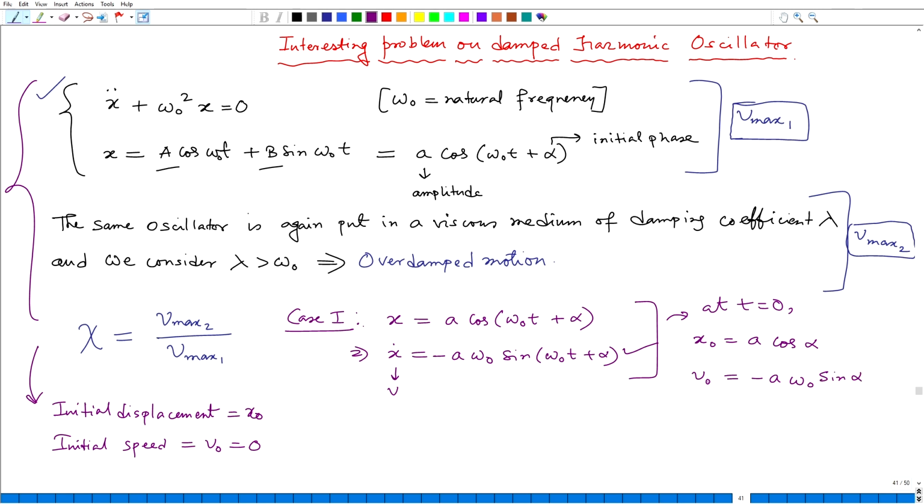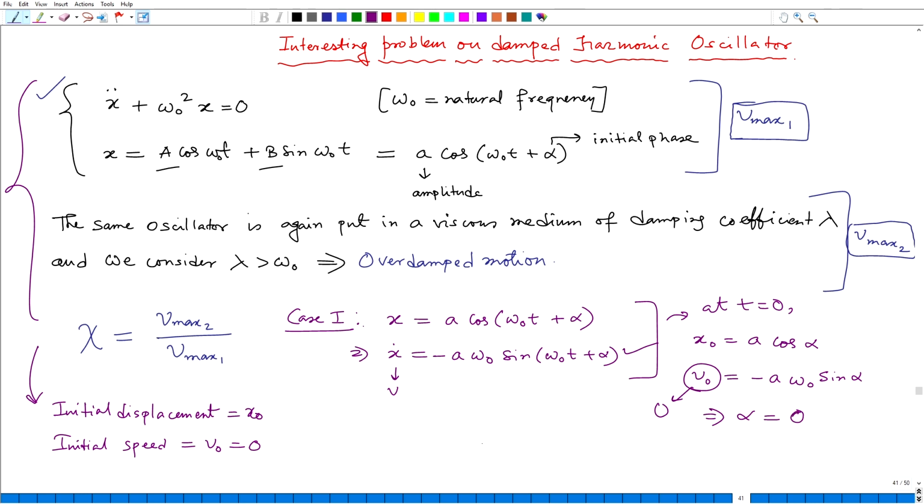This quantity is actually 0, so alpha is equal to 0 or any multiple of 2 pi, which we neglect. We simply say that alpha is 0.